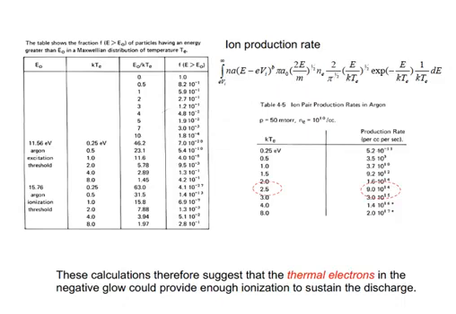So the excitation process needs 11.56 eV in the argon discharge system. And if one wants to ionize argon, one needs to supply 15.76 eV. So this is the ionization energy of argon and the excitation energy of argon.